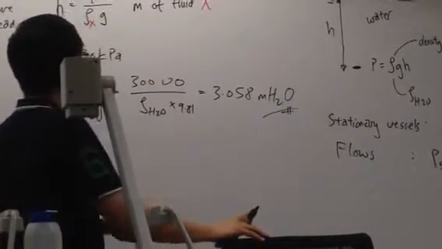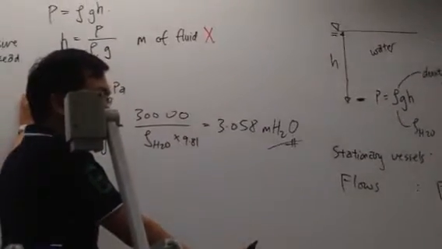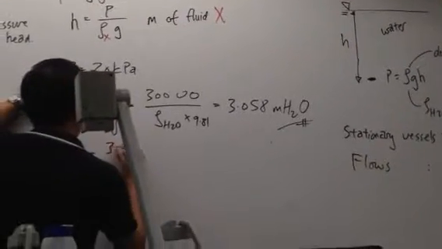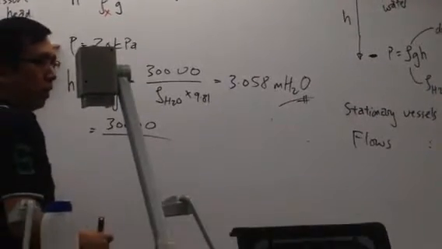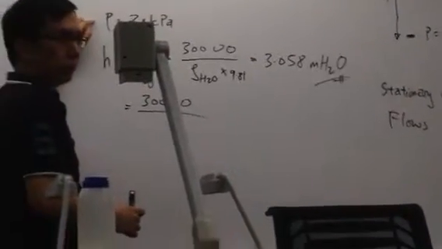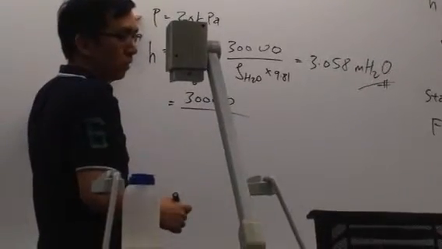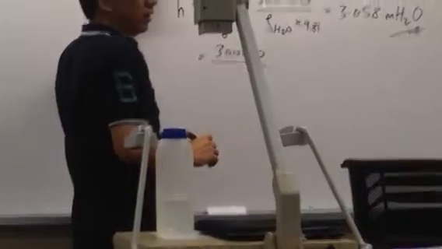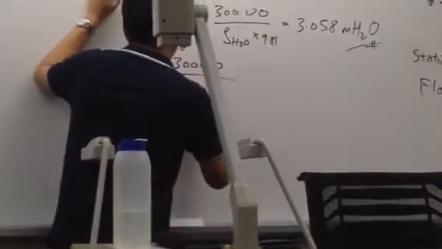Now I want you to express this pressure in mm of mercury. So what do I put? Density of mercury, 13,600.